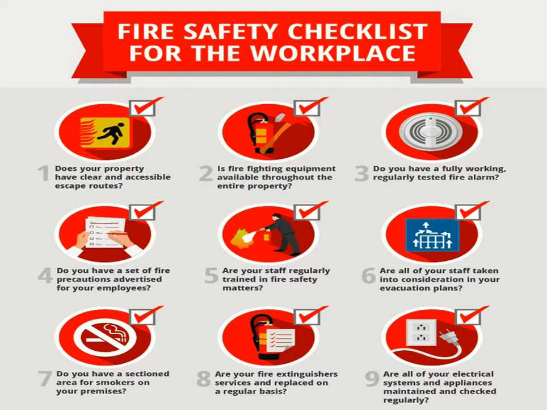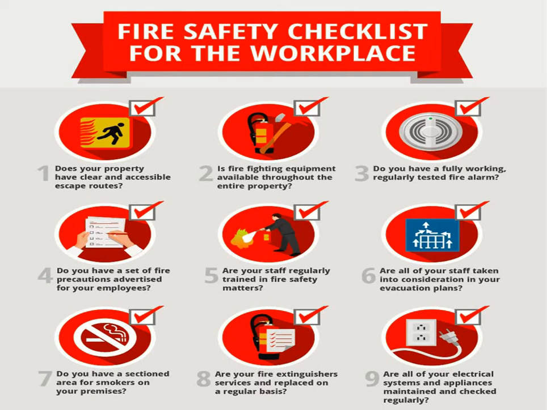Third: is there a fully working, regularly tested fire alarm for each building or each block? Different alarms are fitted and regularly tested, so that in an emergency they can escape from the block.